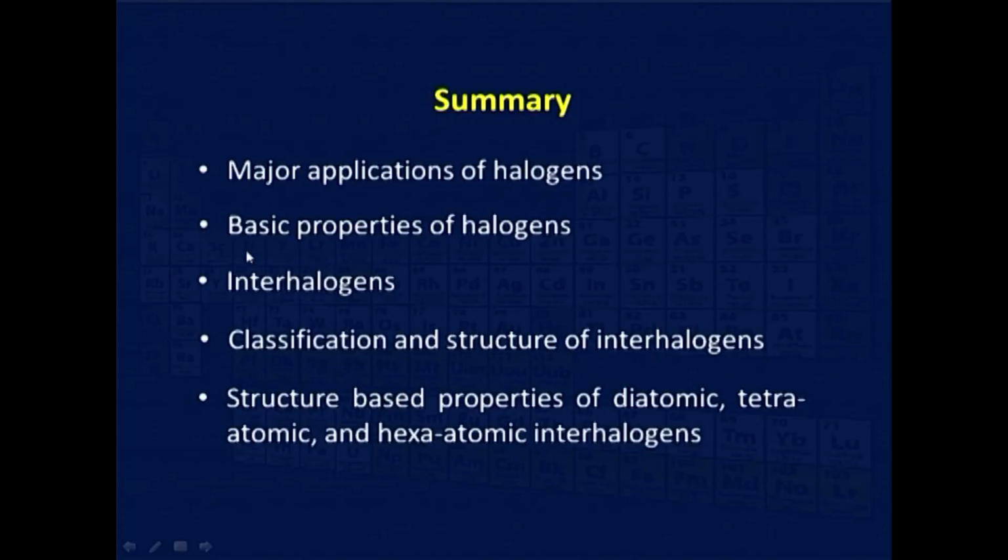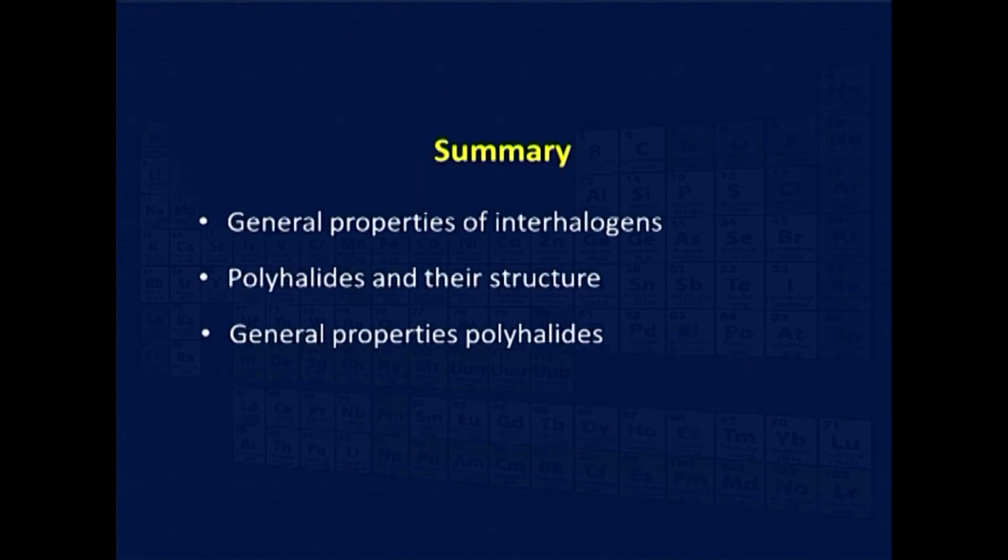We have discussed the major applications of halogens, and in the previous episode we discussed the properties of the halogens. Further, the basic properties of the halogens were discussed in detail. The interhalogen compounds constructed from two halogens, their classification and structure were discussed in detail.